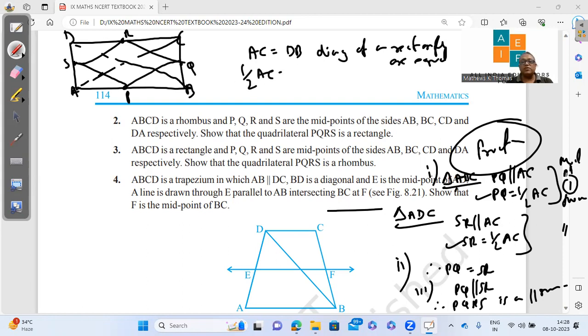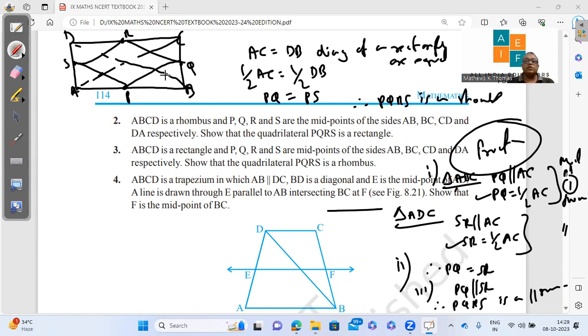So half of AC equals half of DB. Half AC can be replaced with PQ and half DB is replaced with PS. So we get PQ equal to PS. If adjacent sides of a parallelogram are equal, then all sides are equal. Therefore, we can say PQRS is a rhombus.